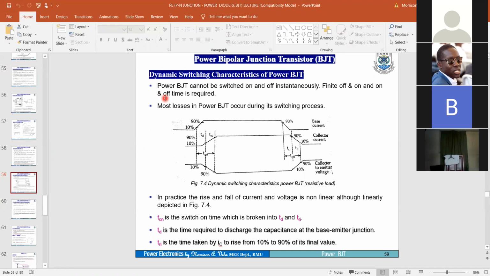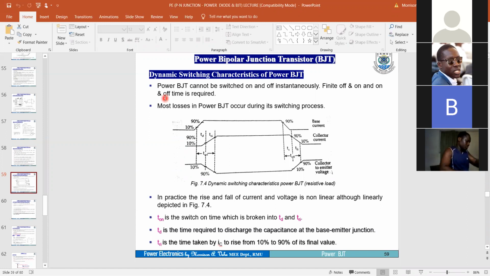The reason is that when something happens within 5 microseconds, our natural eye is not able to handle that. Maybe we can appreciate 1 second, but if we switch in the micros and nanos, it is very, very fast.